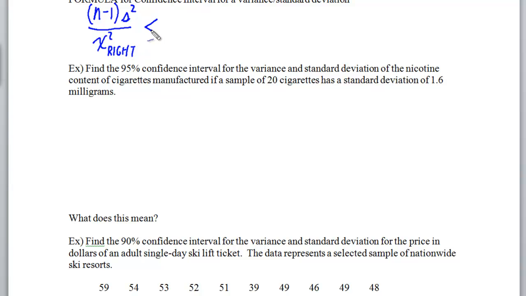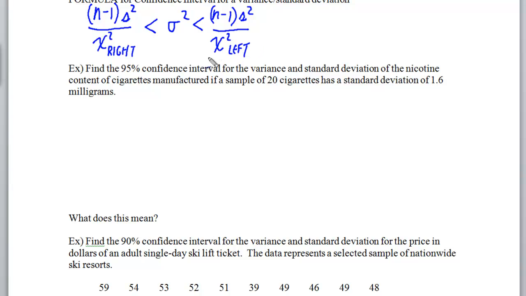That will be our left bound for the variance, or standard deviation squared. And then we take n minus 1, multiply that by the standard deviation squared, or the variance, and divide that by chi-squared left.